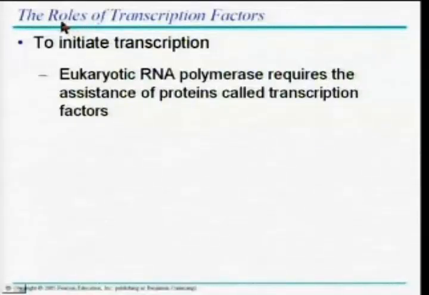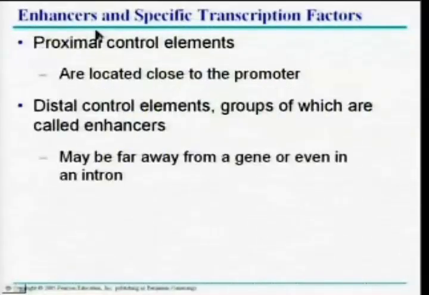to the death of the protein made ultimately from that code within the gene. So the roles of transcription factors is the next idea we want to consider. And first under that is their role to initiate transcription. So eukaryotic RNA polymerase requires the assistance of proteins called transcription factors. We already know that.